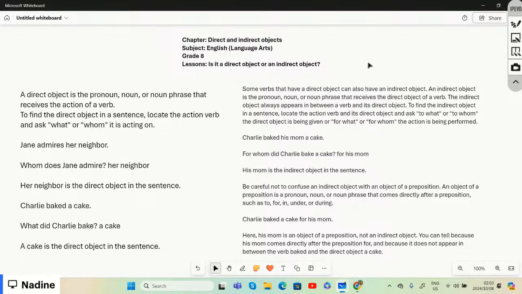The lesson we are going to focus on under this chapter is: is it a direct object or an indirect object?